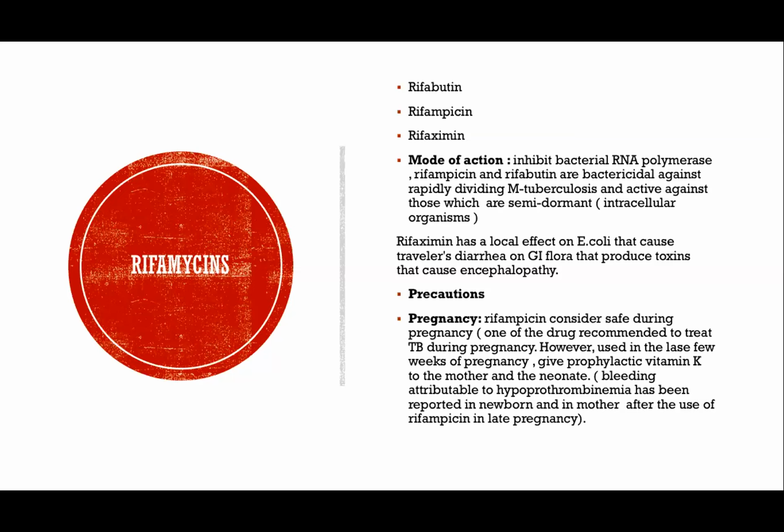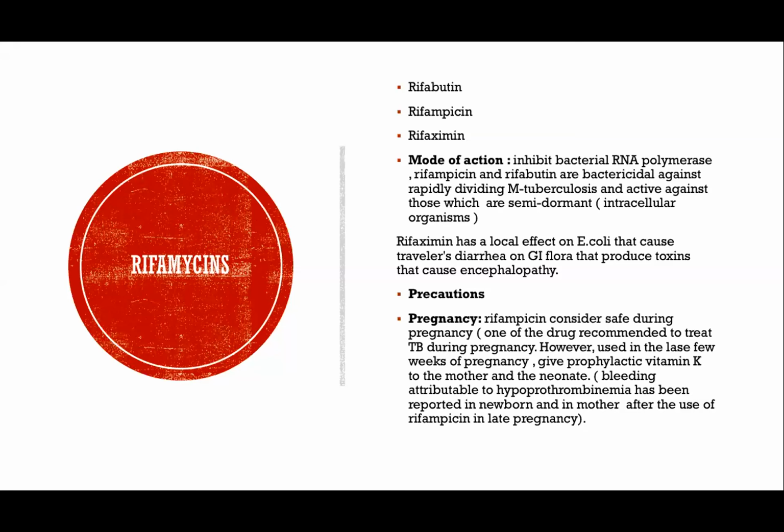For pregnancy, rifampicin is considered safe, and is one of the drugs recommended to treat TB during pregnancy. However, if used in the last few weeks of pregnancy, we have to give prophylactic vitamin K to the mother and the neonate, as bleeding attributable to hypoprothrombinemia has been reported in newborns and in mothers after the use of rifampicin in late pregnancy.